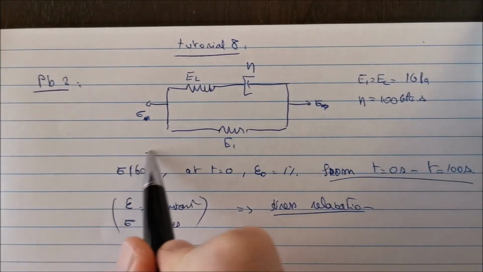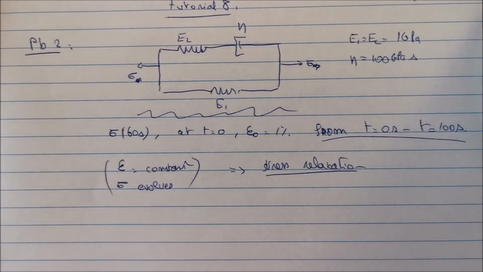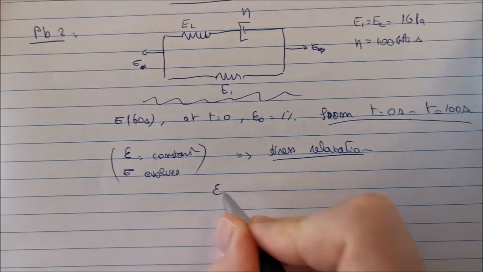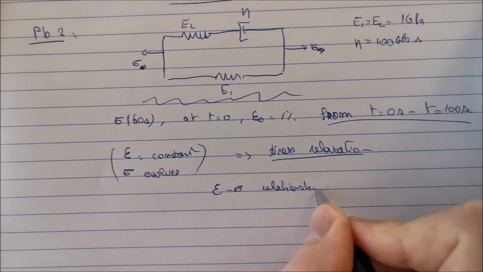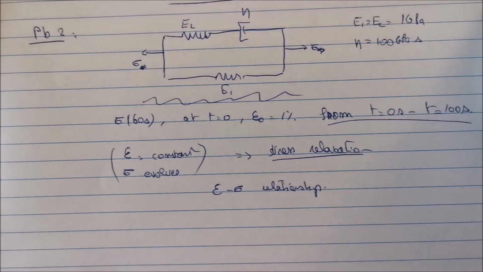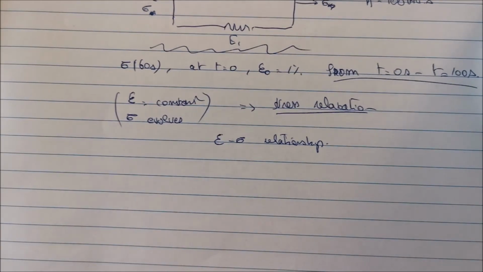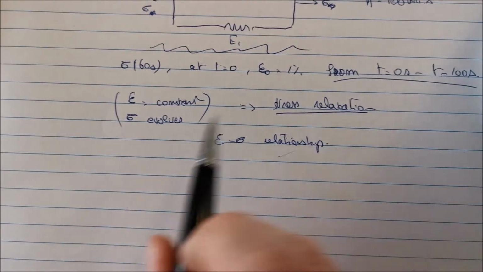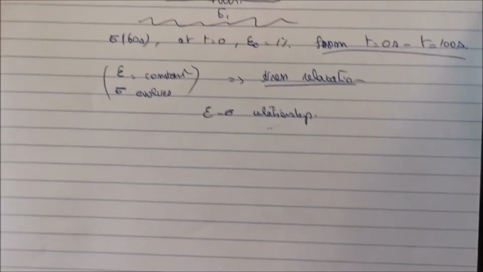When you look at this system, you notice that it's exactly the same system as last week, for which we derived a stress-strain relationship. You can go back to tutorial 7 to see how this was derived in detail.